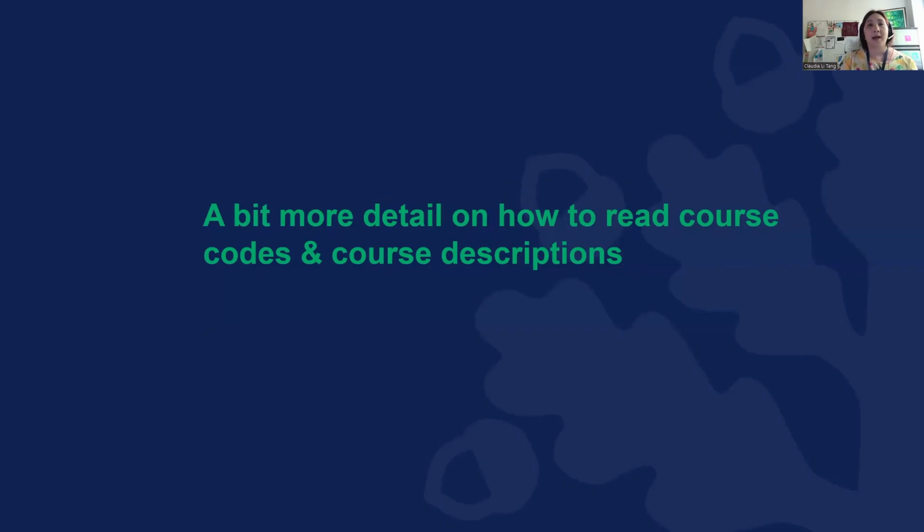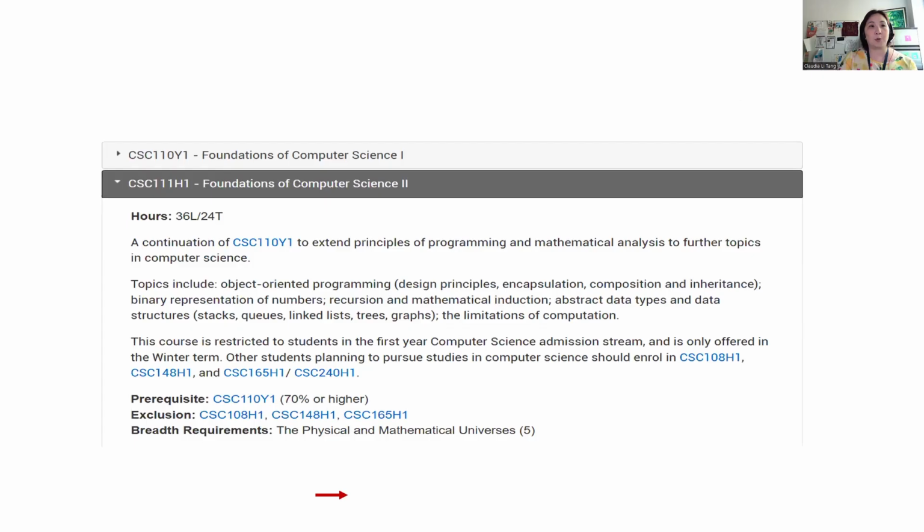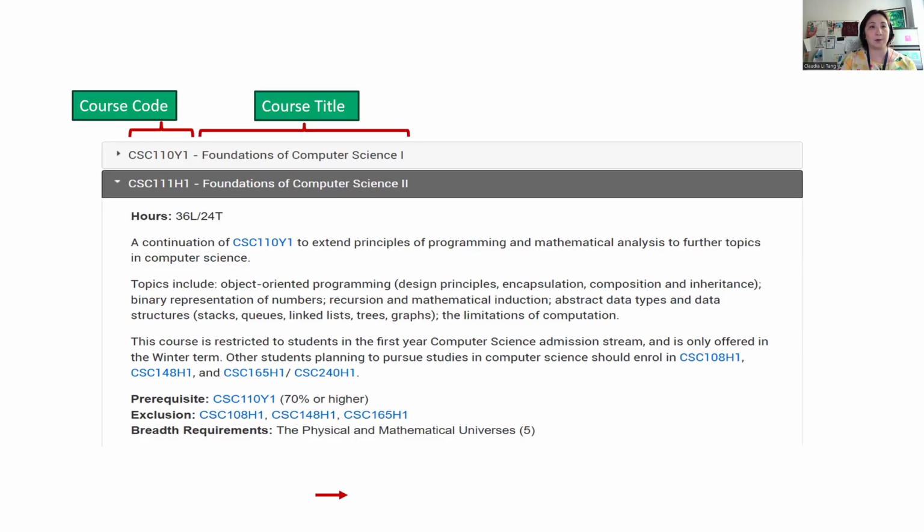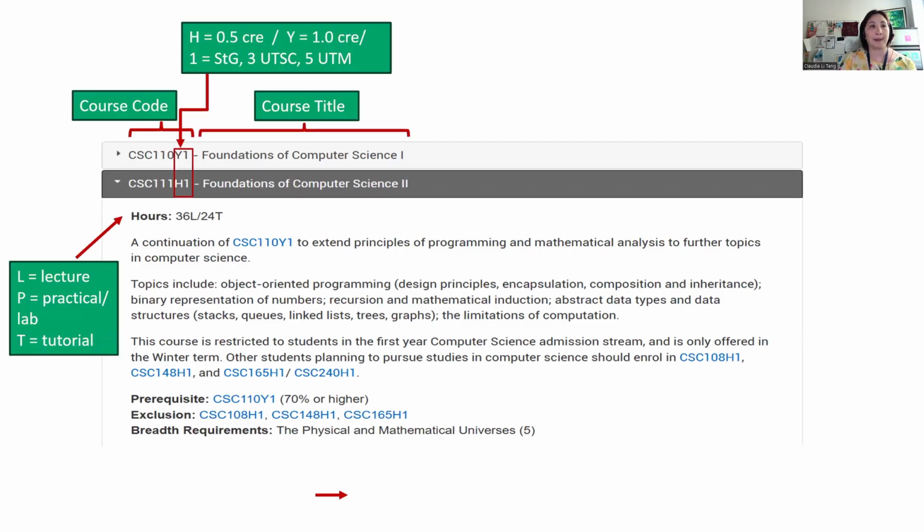The next section of the page is course descriptions. You already went through it this morning, but I want to point out a few things specific to computer science. For example, CSC 111H has a prerequisite of CSC 110H. That means this course must be taken in the first term, and the mark has to be 70 or more.